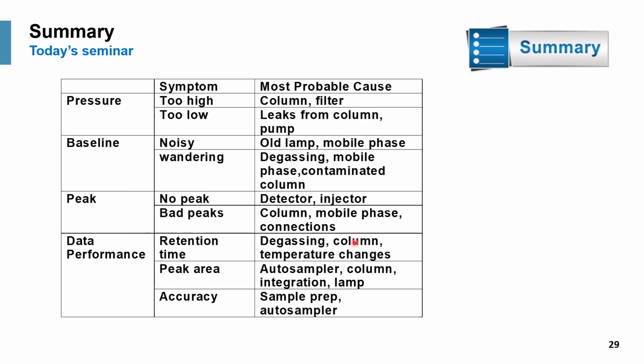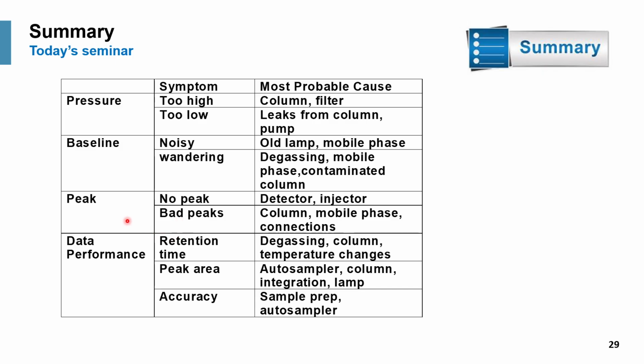So here's a summary of today's video, just summarizing the most probable causes. Pressure too high is mostly the column. Too low, pumps or leaks from the column inlet. Noisy baseline, the lamp or mobile phase.